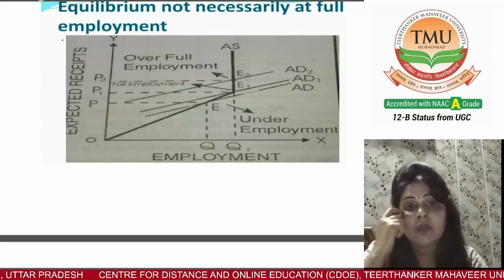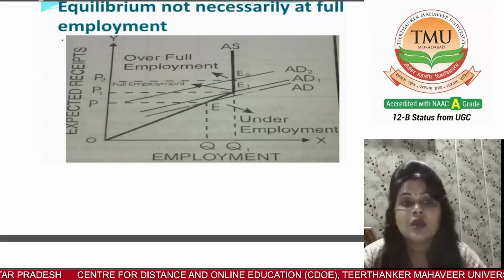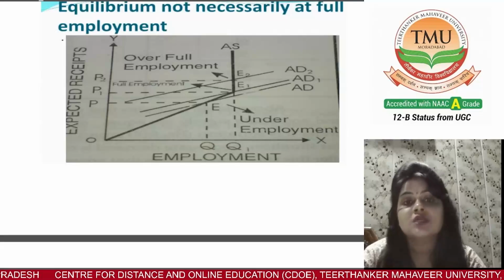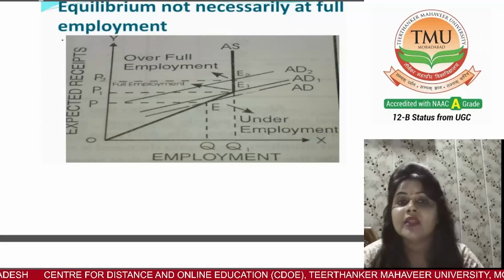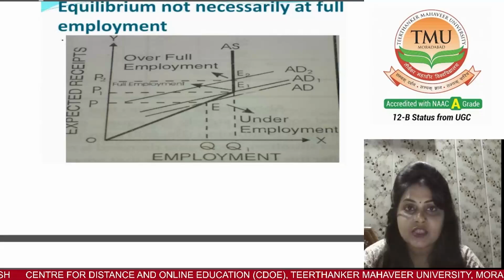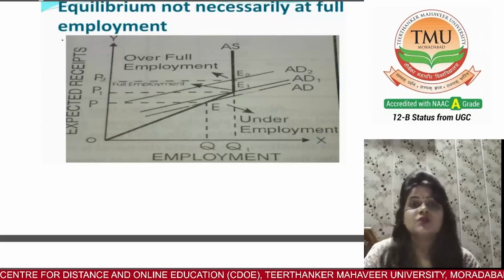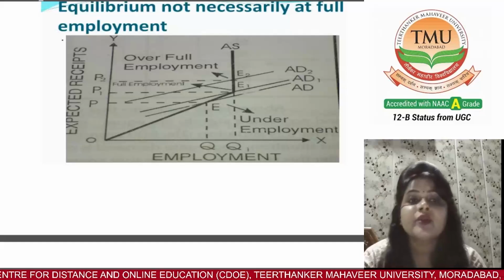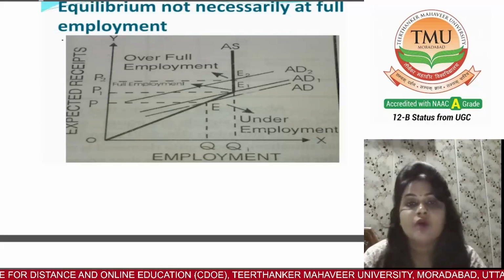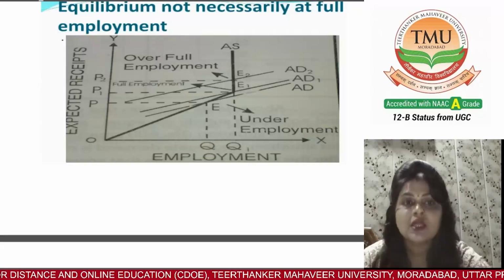If the aggregate demand function is raised beyond this point, the economy will experience inflation because the existing resources are fully employed and their supply cannot be increased during the short run, as is apparent from the vertical position of the AS curve, as you see here.